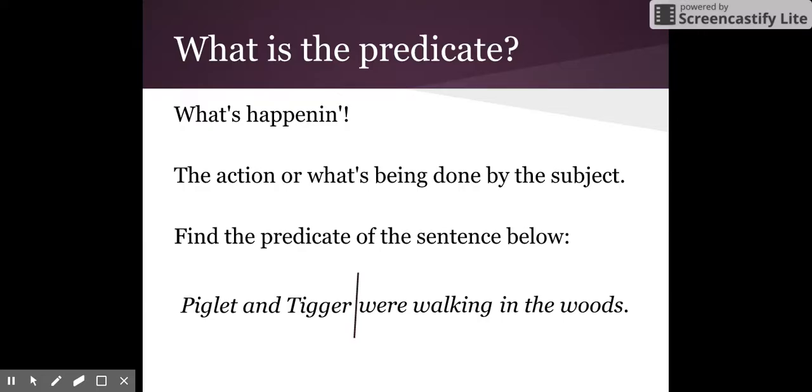Now our work on the previous slide will make finding our predicate really easy. First, what's a simple predicate? Simple means really, really basic, and that is we're walking. The complete predicate, and if we have something that is complete, we have all of it.